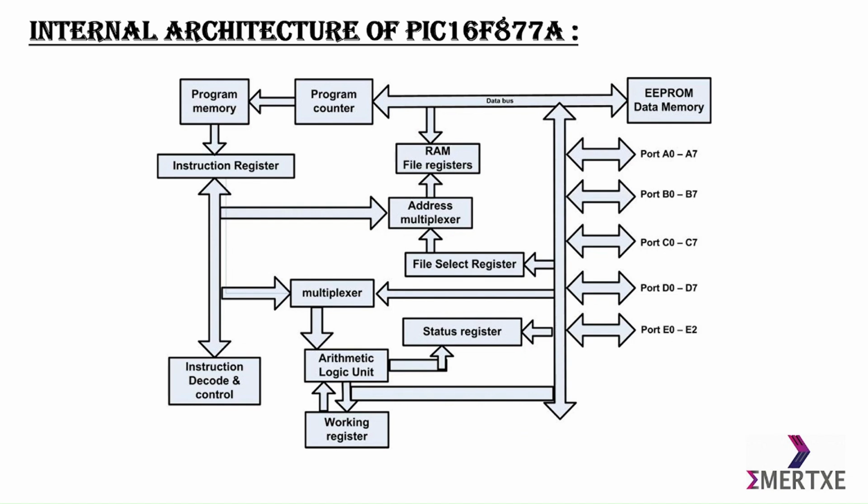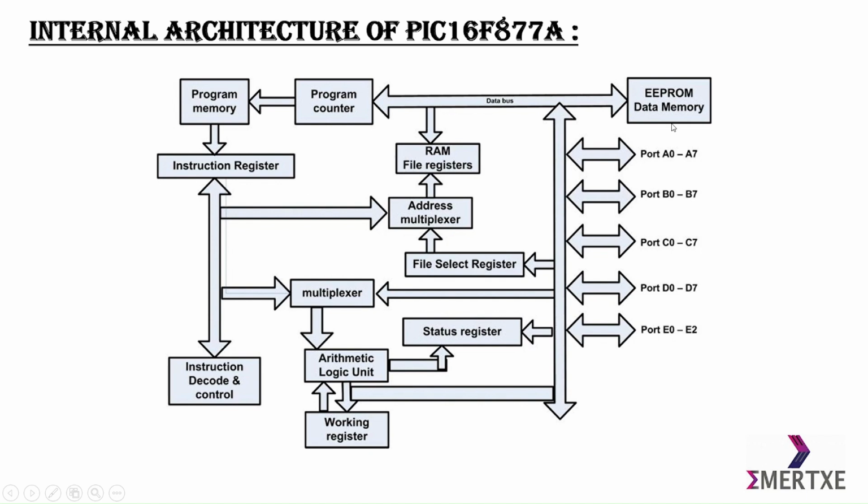It has a total of 5 ports and RAM, address multiplexers, file select register, status register, multiplexer, arithmetic and logic unit, work register, instruction decode and control, program memory, instruction register, program counter, and EEPROM data memory.